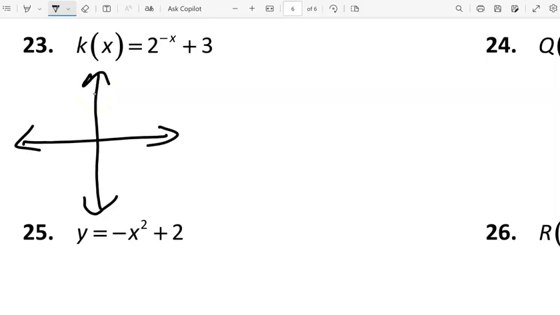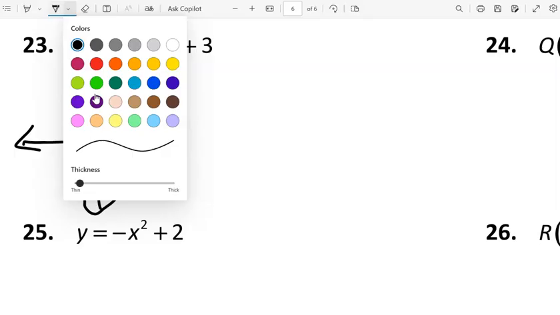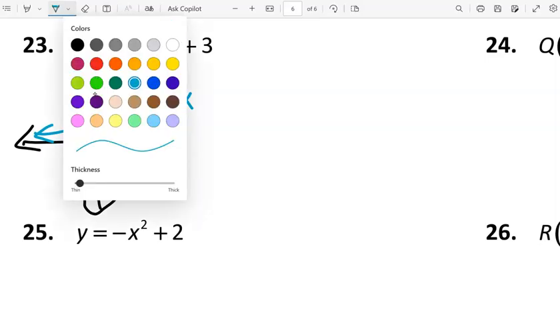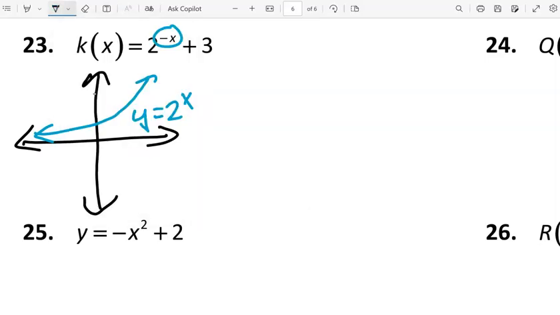In 23, our parent function is y equals 2 to the x, which has a graph that looks like this. And the transformations are a reflection over the y-axis, or a horizontal reflection, followed by a translation up 3.